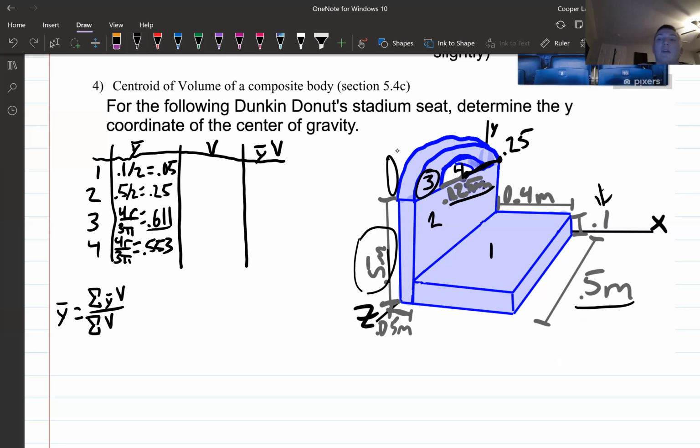All right, so now moving on, we're going to go into volume. The volume of a rectangular prism, as you know, is length times width times height. So if I do 0.4 times 0.1 times 0.5, I end up getting 0.02.